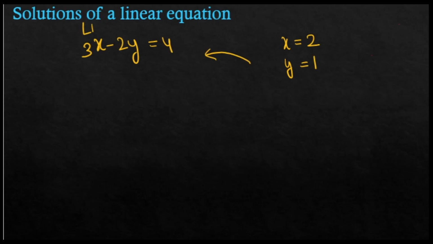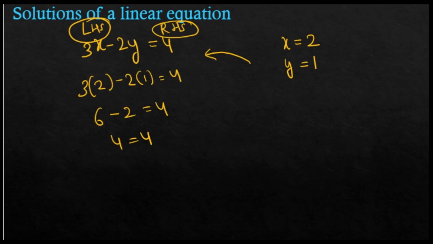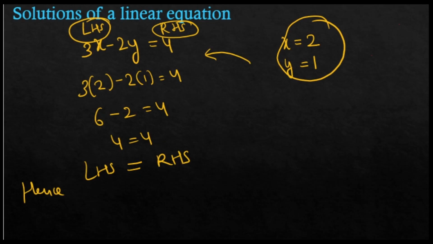This is the left hand side of the equation and this is the right hand side. After assigning, let's see what we have. Left hand side is equal to right hand side. Hence, this is a pair of solutions.